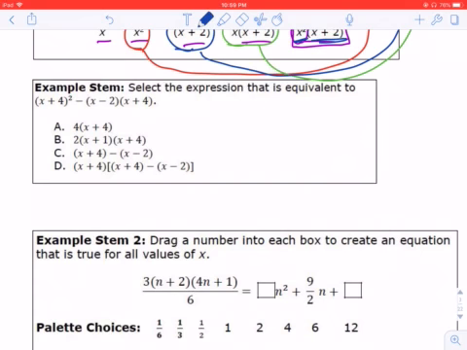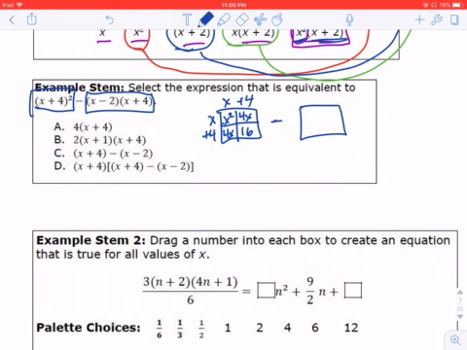So what I'm going to do is multiply each of these pieces together. So I have x plus 4 squared, x plus 4 squared, x plus 4, x plus 4, x squared, 4x, 4x, and 16. And then where I'm subtracting this section, taking away x minus 2 times x plus 4.